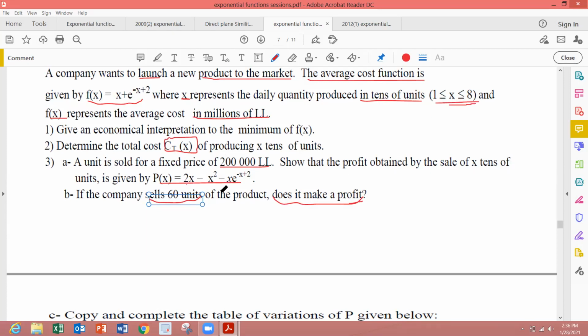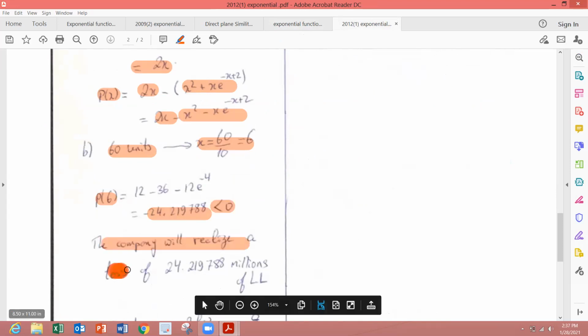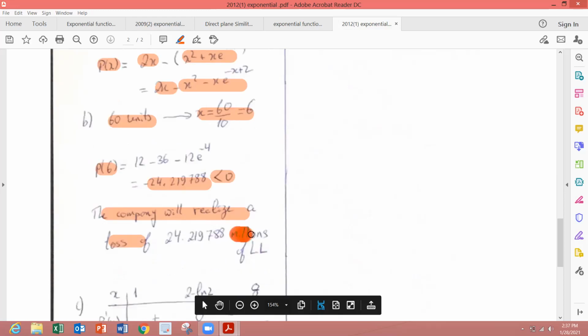So we calculate P of 6. Is P of 6 positive? We have a profit. Is P of 6 negative? Then we have no profit. 60 units means x equals 60 over 10 equals 6. P of 6 comes out minus 24.219788, which is negative. So the company will realize a loss of 24.219,788 millions of Lebanese lira.